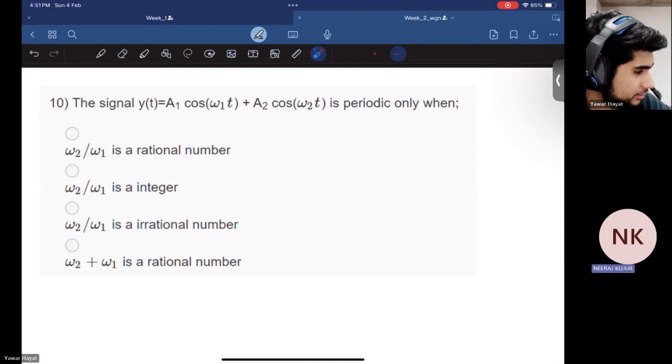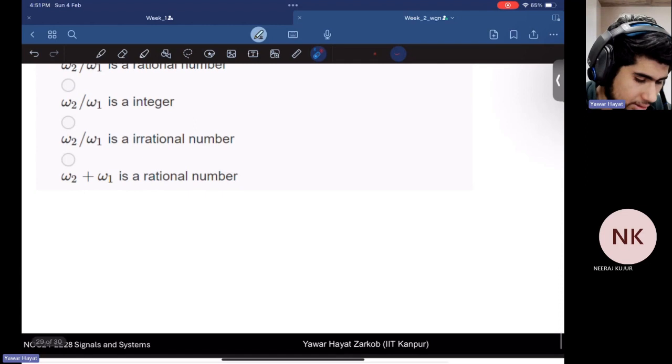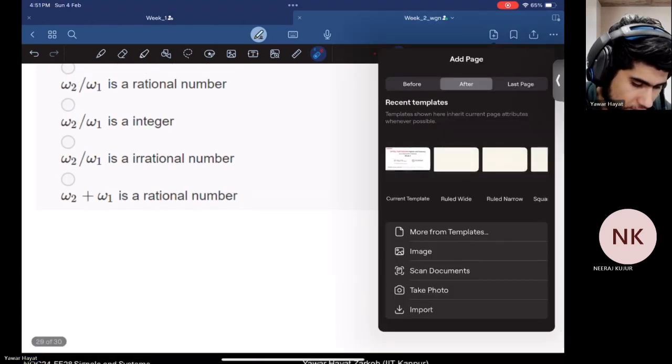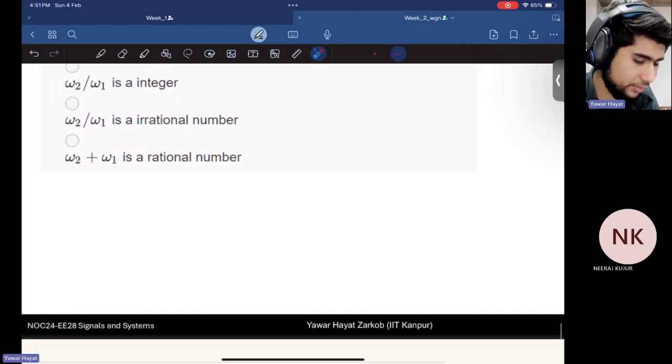The first option: omega 2 by omega 1 is a rational number. Correct answer. Let me just go over why that is the case and then we'll wind up.